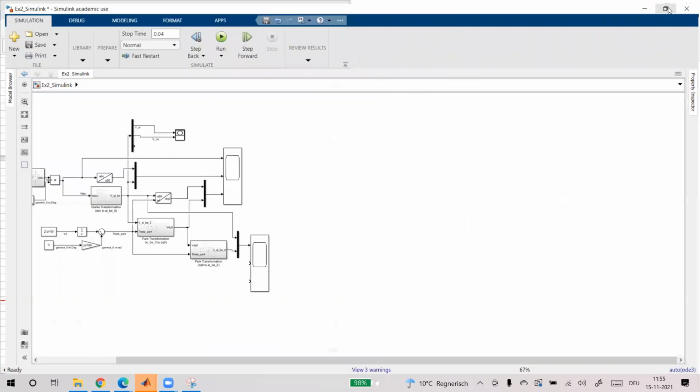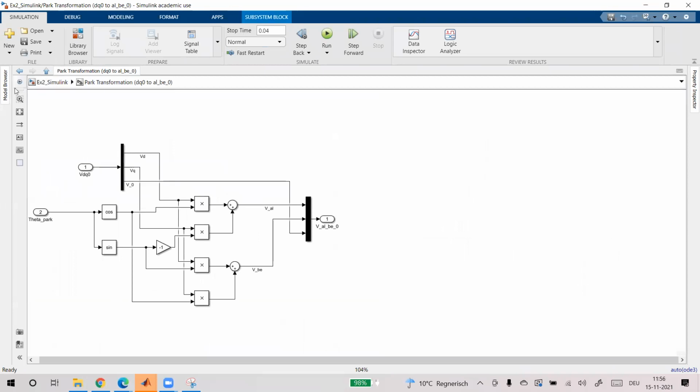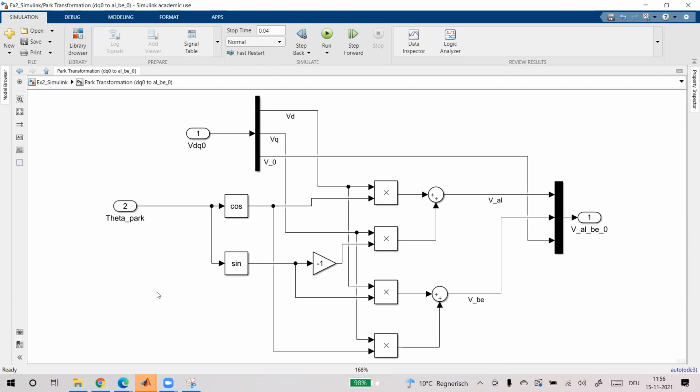It's done. Always change the labels, like this one, and the input also, so that it's more clear.